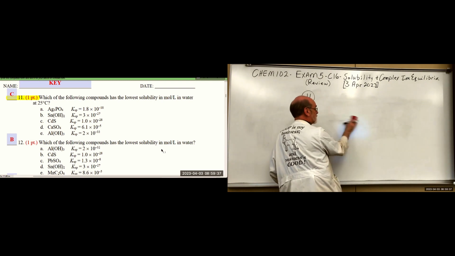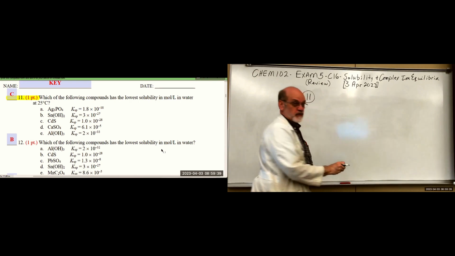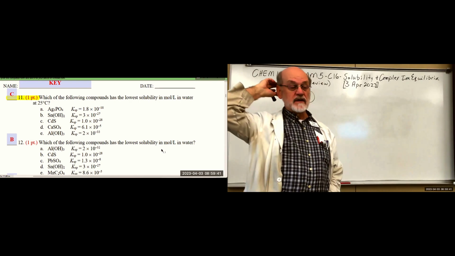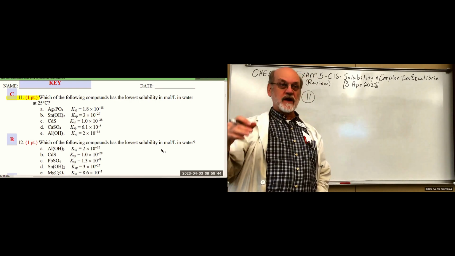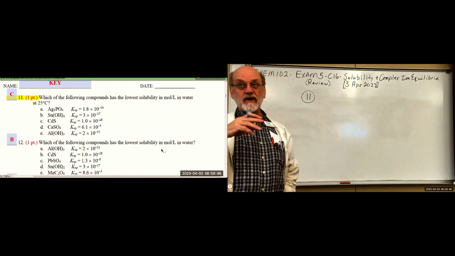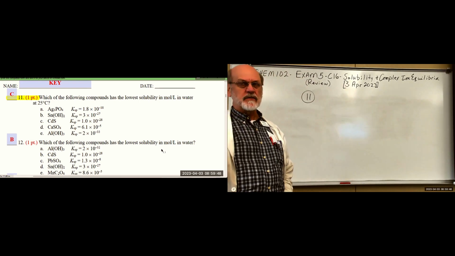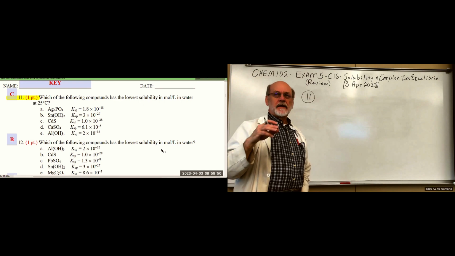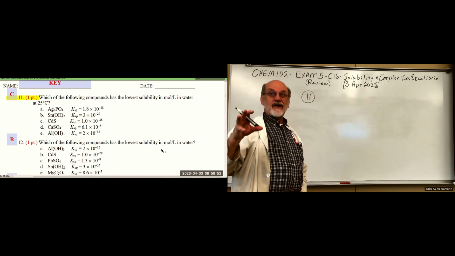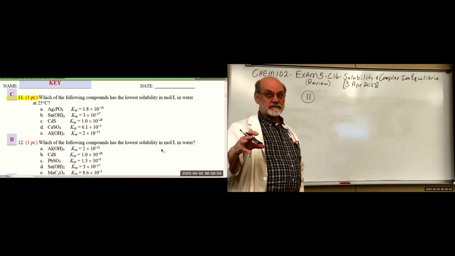If they're all the same, then you can compare the KSPs directly and determine which one is more soluble. But in this case, they're different. Some of them are alike and the rest of them are different. So we have to actually calculate the solubilities for each one.